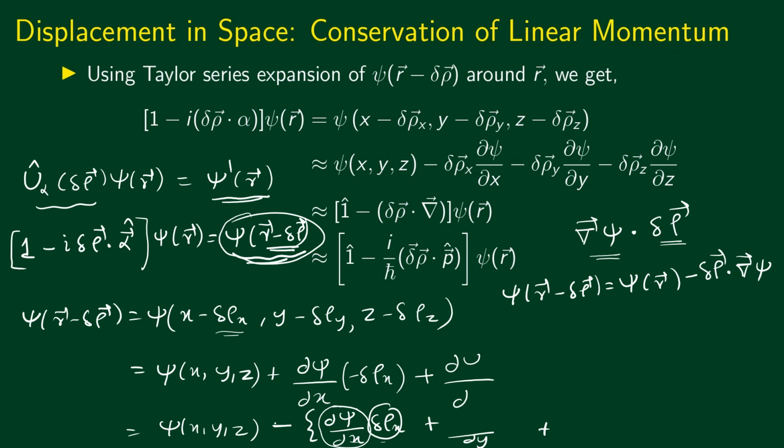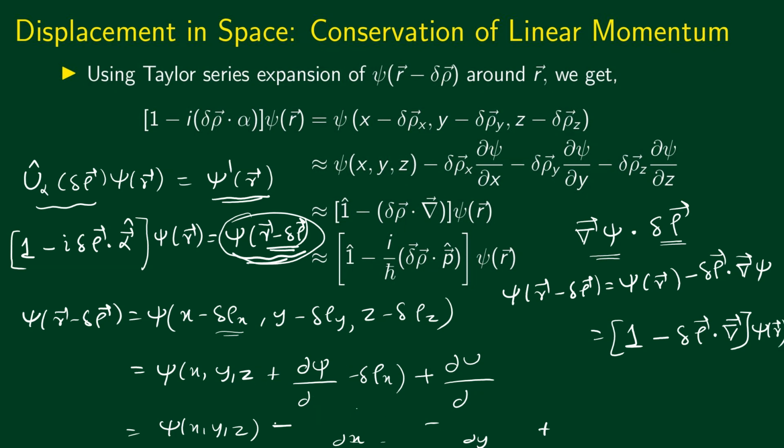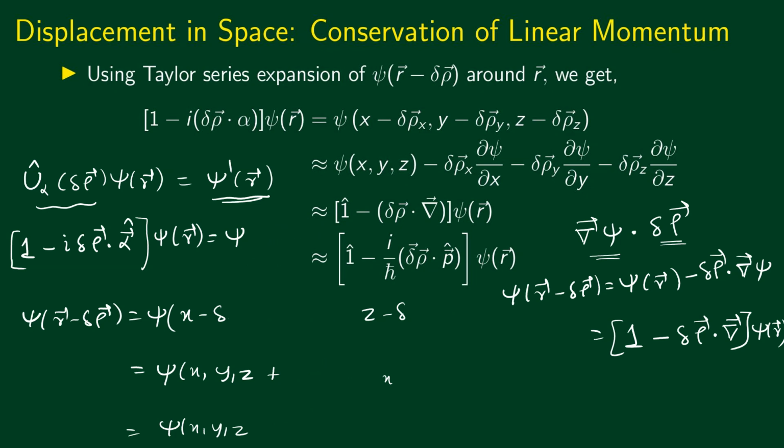Okay, and here we have the identity operator minus delta rho vector dot del vector acting on psi of r vector. All right, this is the Taylor expansion of the function psi of r vector minus delta rho vector.